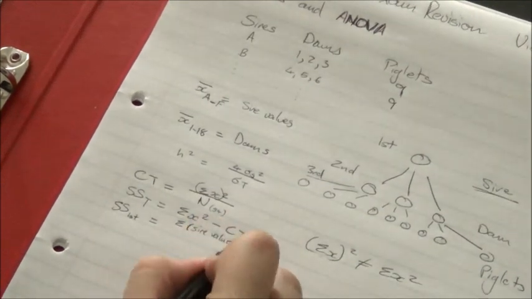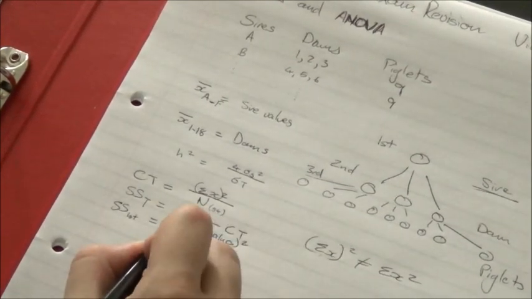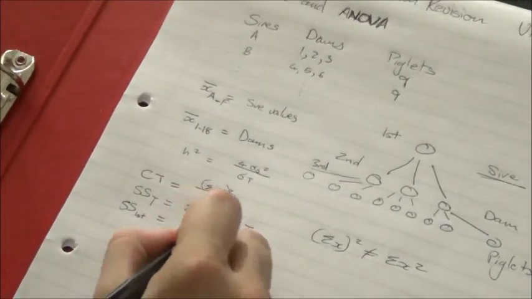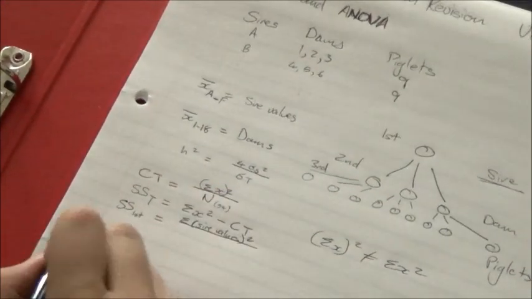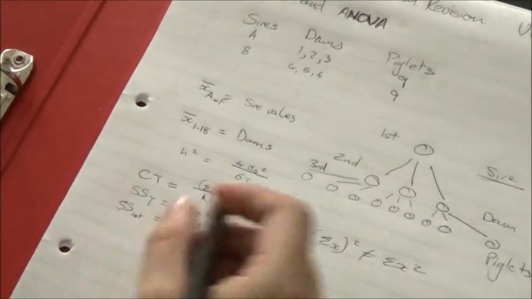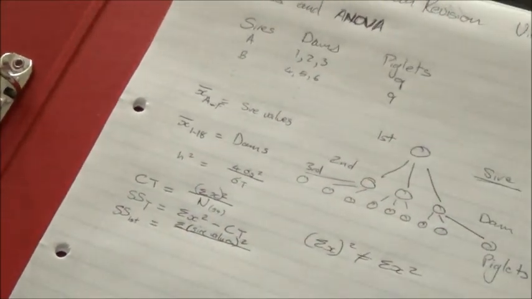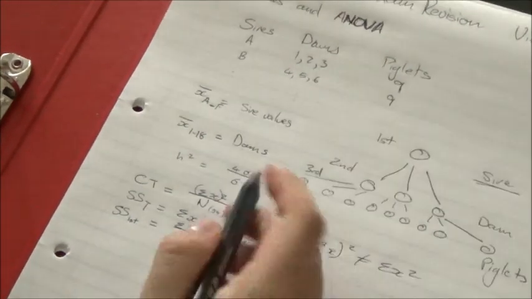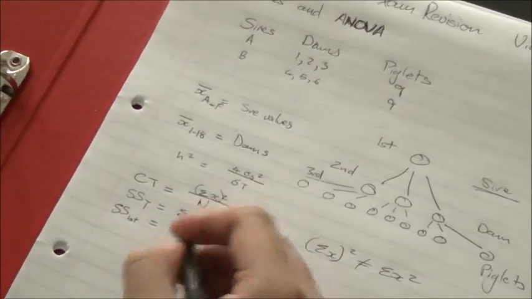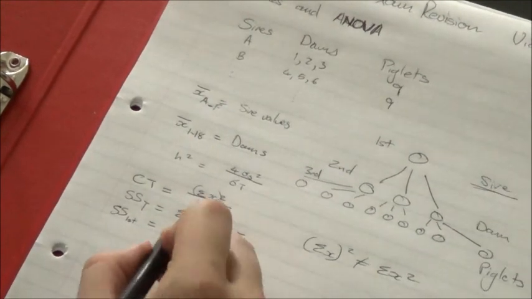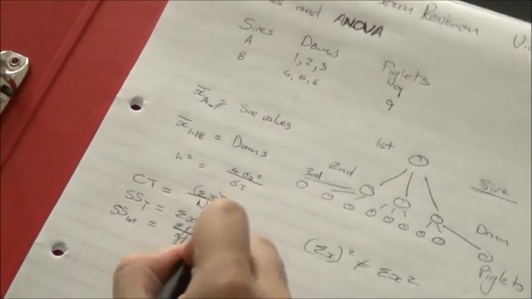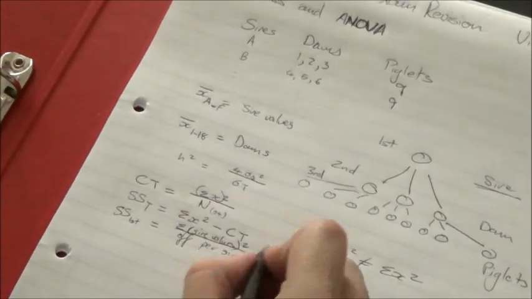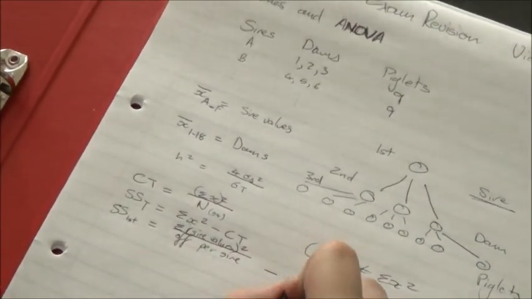So we're going to square the sire values, and then we're going to add them up, and then we're going to divide by the number of offspring per sire. Now each sire, sorry, there's a mosquito, each sire produced 9 offspring. So here it will be 9, but I'm just going to write here offspring per sire. Alright. All of this minus our CT value.